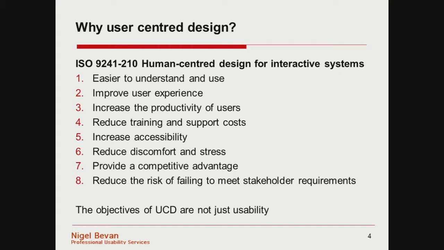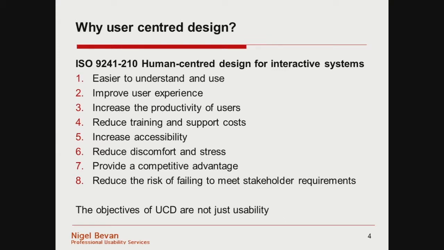So when looking for justifying the value of doing user-centered design, I looked at what we wrote in this 9241-210 standard, and there were a lot of very wise people sitting around there, and I think they came up with many very compelling reasons.